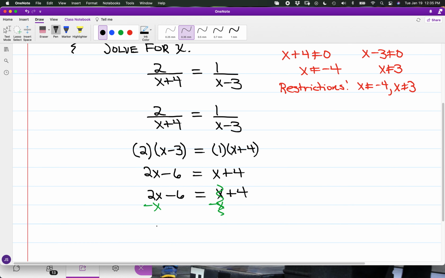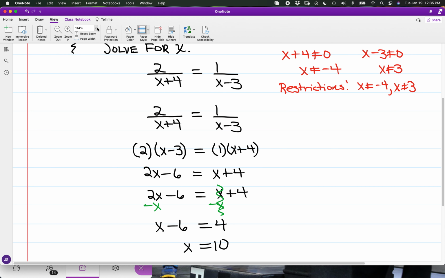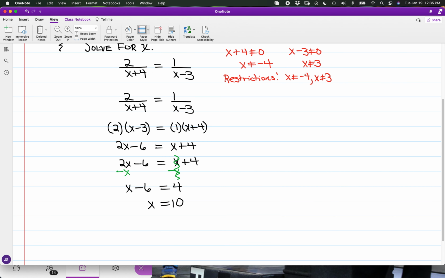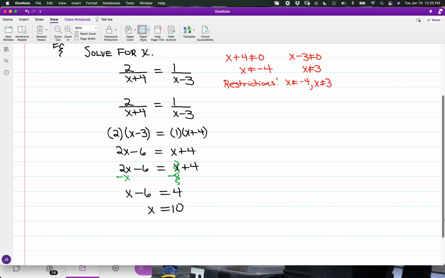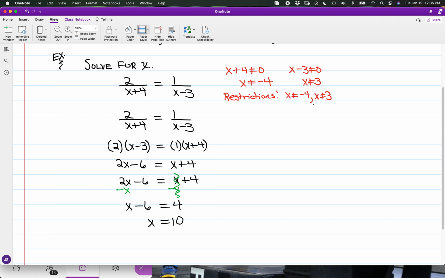Thus 2x minus x becomes x, and we have x minus 6 is equal to 4. If I add 6 to both sides, we have an apparent solution of 10. So x equals 10, and the restrictions that x cannot be negative 4 and x cannot be 3 are satisfied.